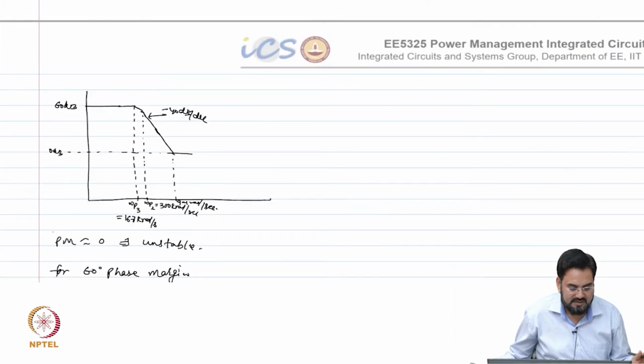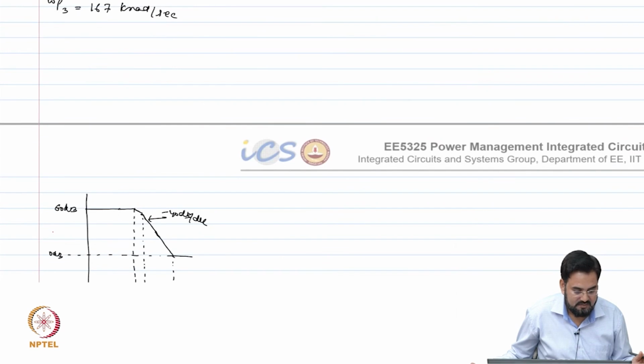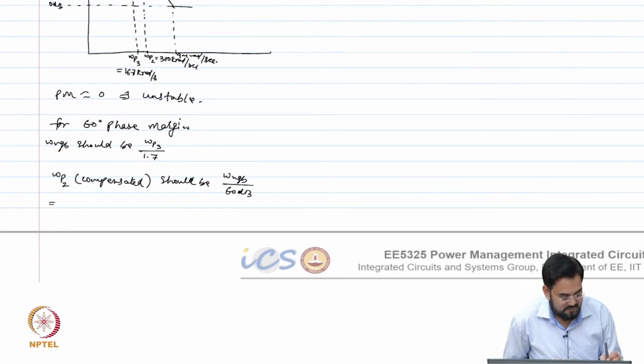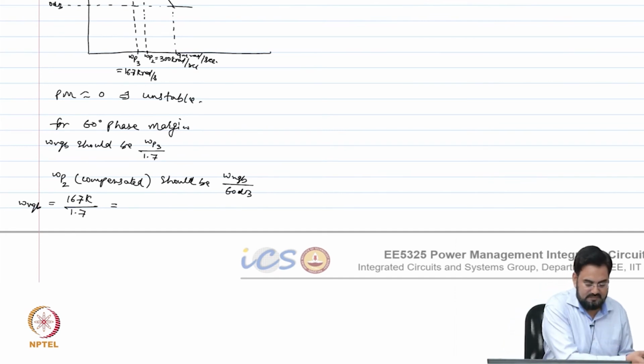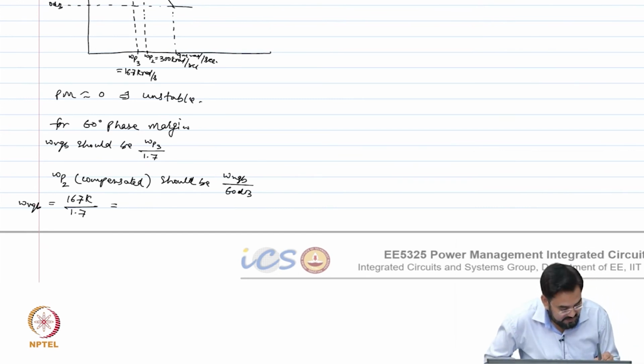Omega P3 is known, 167 K, divided by 1.7, how much is this? 98, so pretty close to 100.